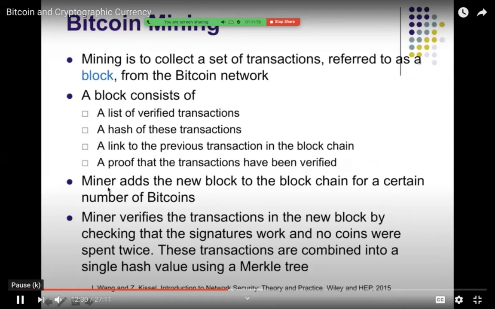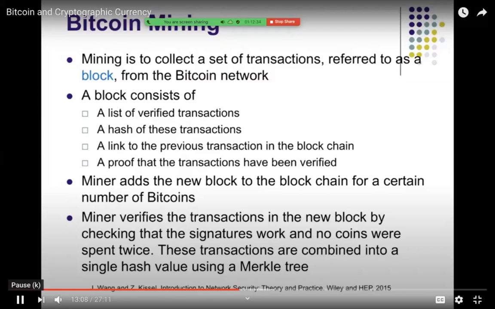So once you obtain this block, you need to add this new block to the blockchain for a certain number of Bitcoins. Then the miner also verifies the transactions in the new block by checking that the signatures work and no coins were spent twice in the block. So each block is a set of transactions, and as we said, a transaction record has a certain number of units of Bitcoins.